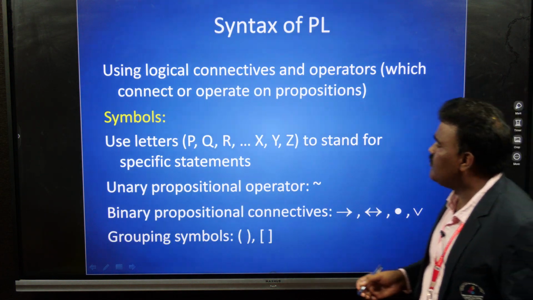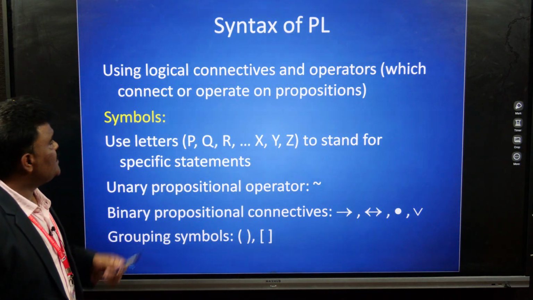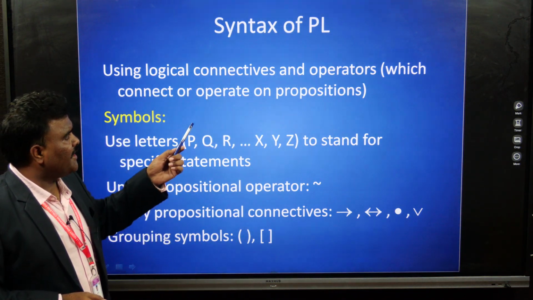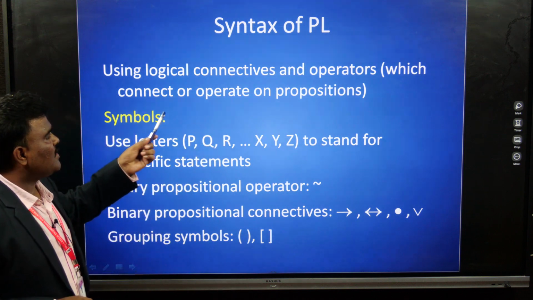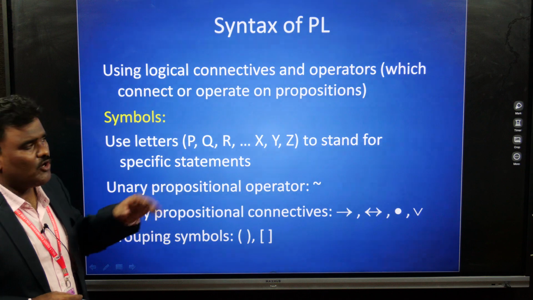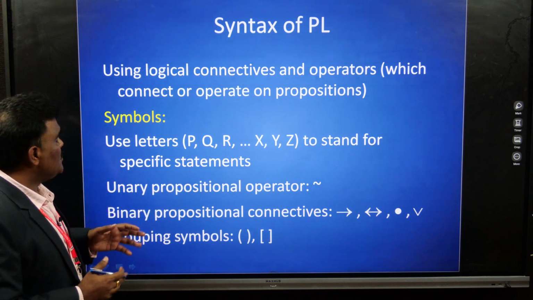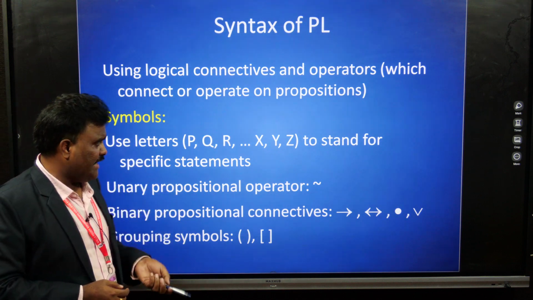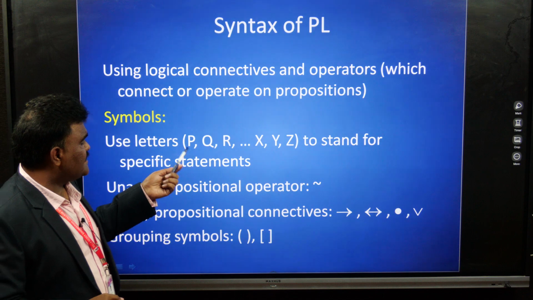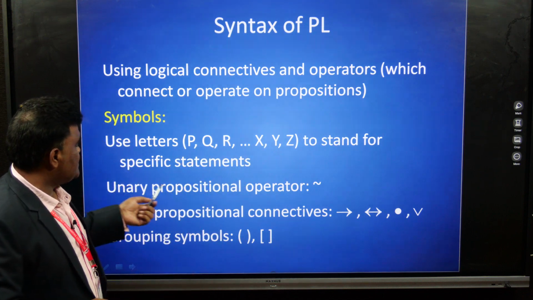Next, syntax of propositional logic. Here we use logical connectives and operators which connect or operate on propositions. We use some logical operators to connect two or more statements. Symbols: using letters, we can use different letters P, Q, R, X, Y, Z to stand for specific statements.